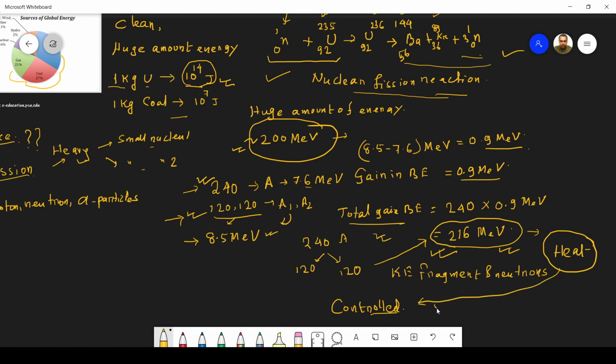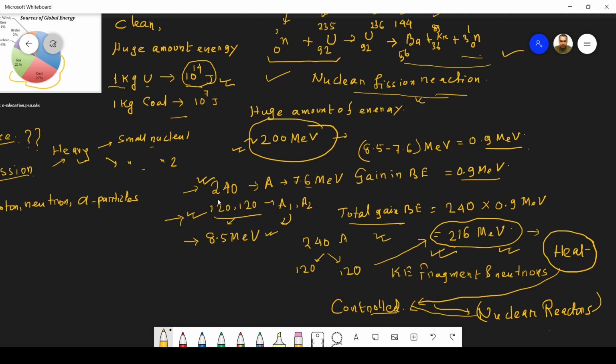And that is done by nuclear reactors. In nuclear reactors, such nuclear fission reactions are done in a controlled way to generate electricity.